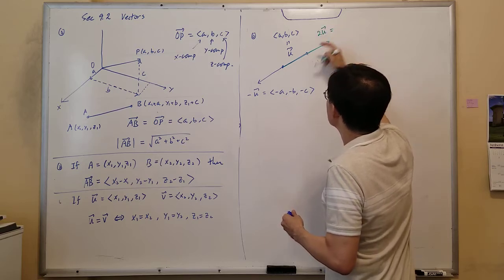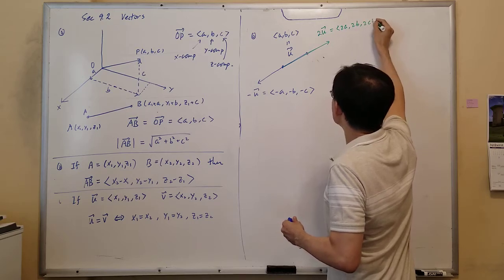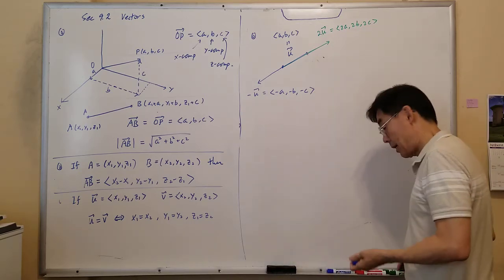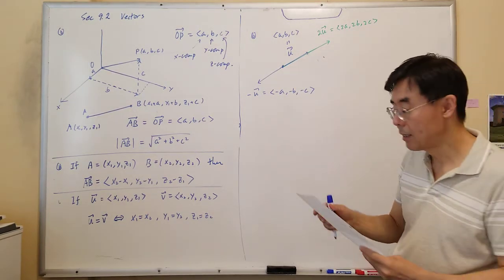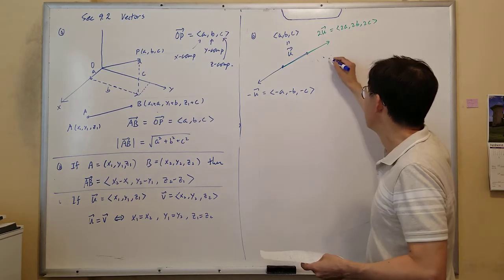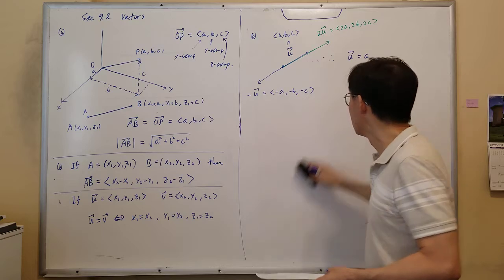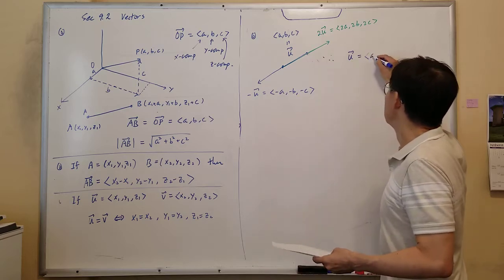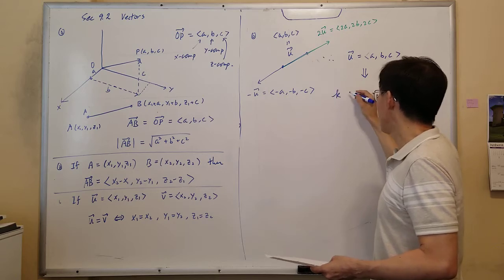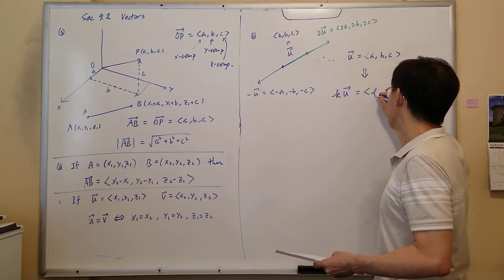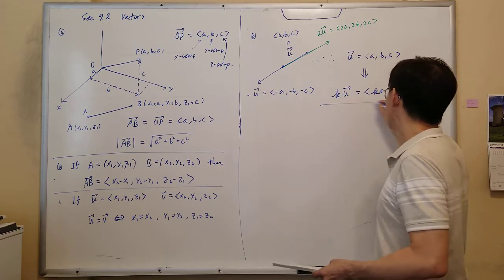2u. Then it should be 2a, 2b, 2c, right? It's obvious. For two-dimensional and three-dimensional, you can actually show this easily. Therefore, if u is a, b, c in component form, then constant scalar multiple ku will be ka, kb, kc.